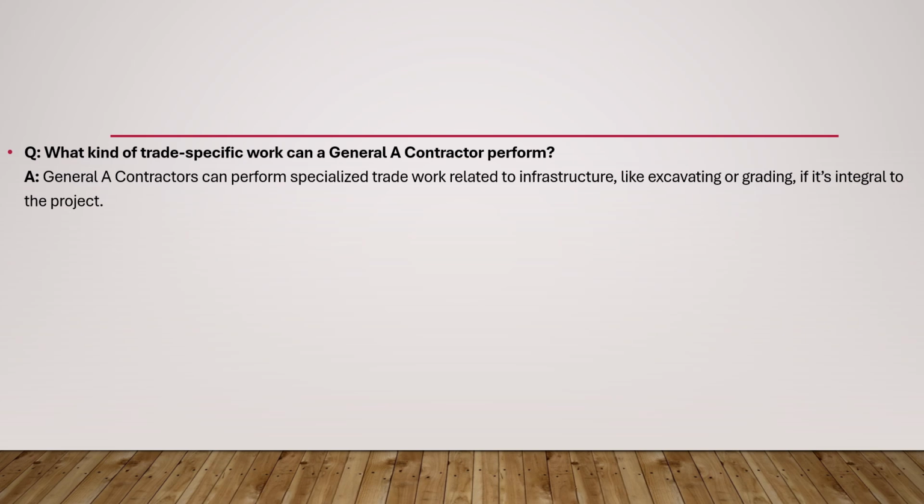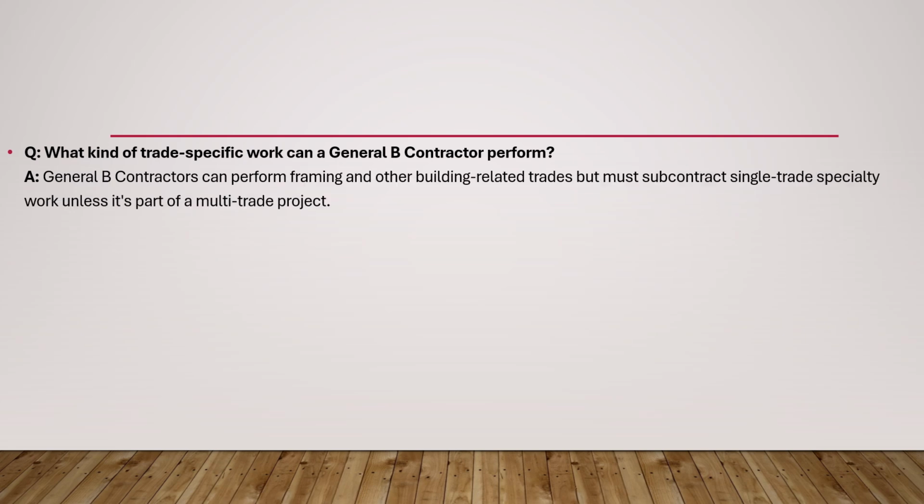General A contractors can perform specialized trade work related to infrastructure, like excavating or grading, if it's integral to the project. What kind of trade-specific work can a General B contractor perform? General B contractors can perform framing and other building-related trades, but must subcontract single-trade specialty work unless it's part of a multi-trade project.